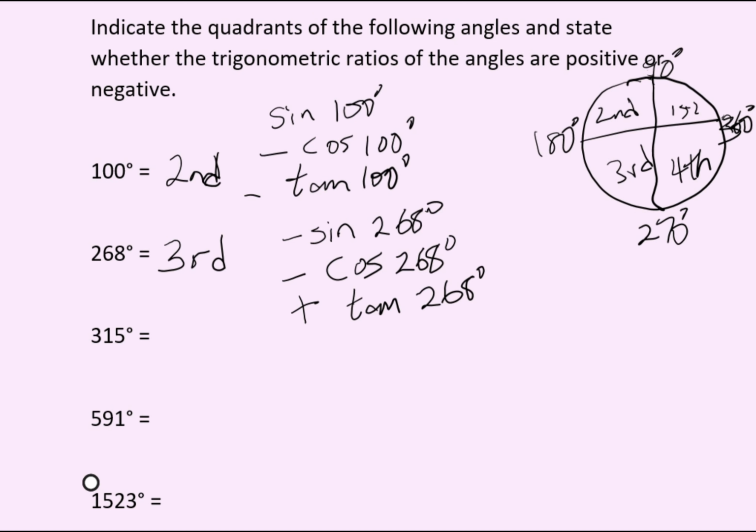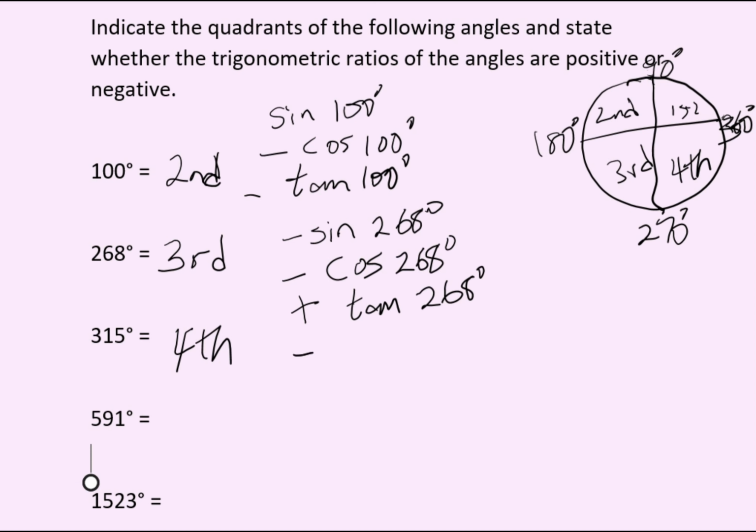For number 3, 315 degrees. 315 degrees falls between 270 degrees and 360 degrees. That is the fourth quadrant. So 315 degrees falls in the fourth quadrant. Now let's look at its trigonometric ratios. For the fourth quadrant, only cos is positive.